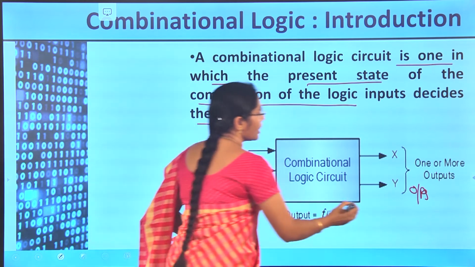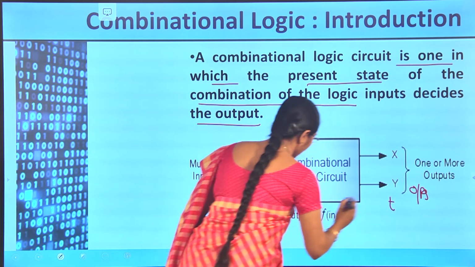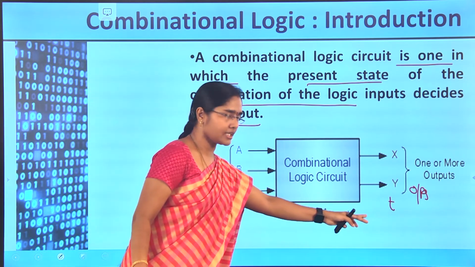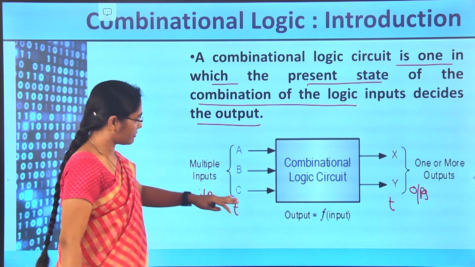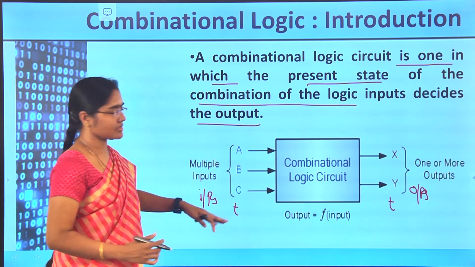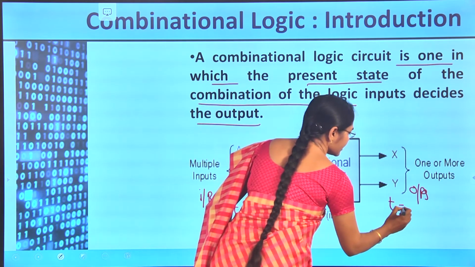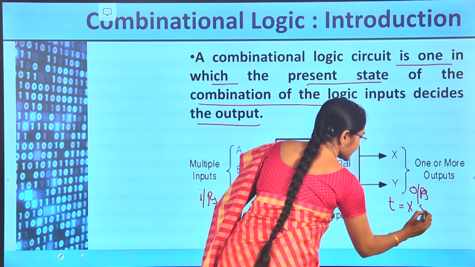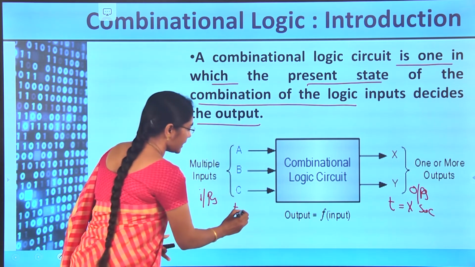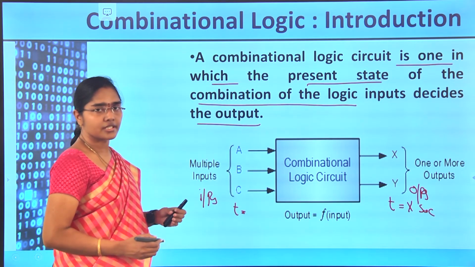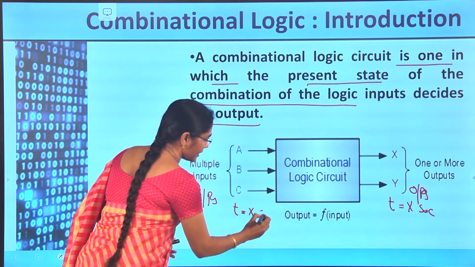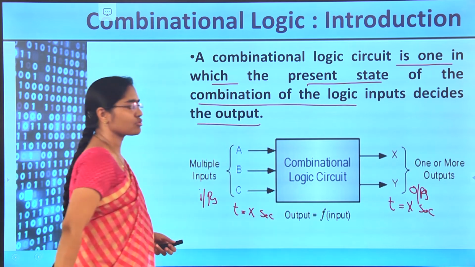The output at time t will be decided by the inputs at the same time t. If the time is some x seconds, the combinational logic circuit is going to consider inputs at that same x seconds.